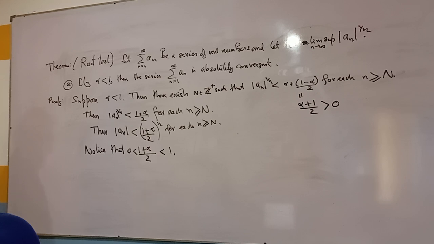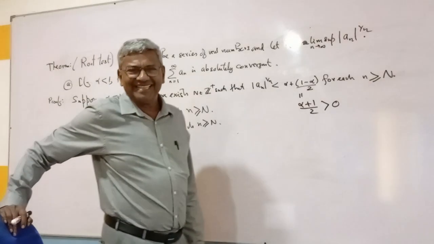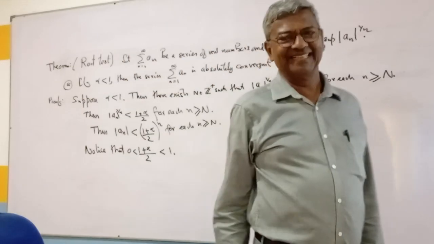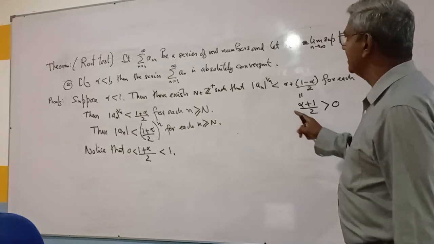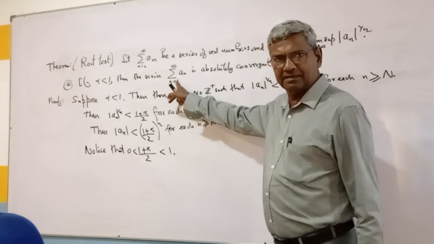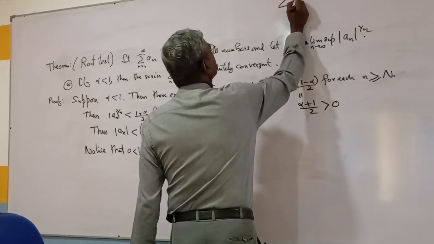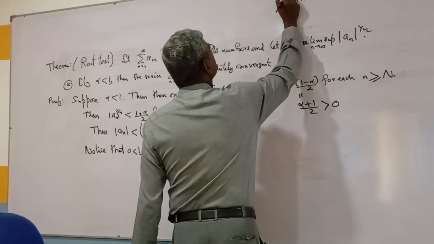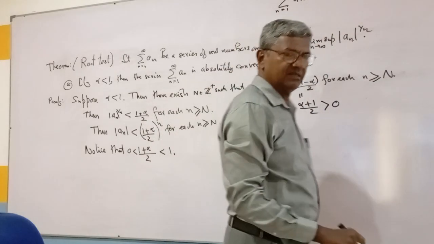Now marks are negative 20. We are interested in sigma a_n, not the sequence a_n. These are two things. This is a series, this is a sequence. And in my notation, it doesn't matter.